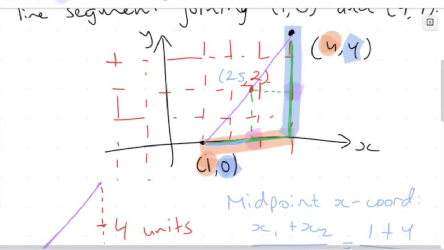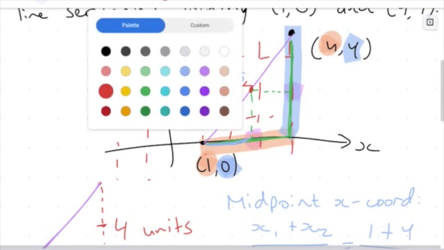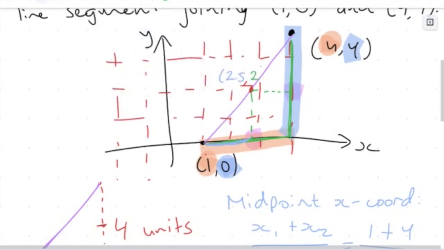Now let me write this 2 in a different color, because that looks a bit jarring. Let's do that in green. So 2.5 and 2. Now this coordinate is the one right in the middle.